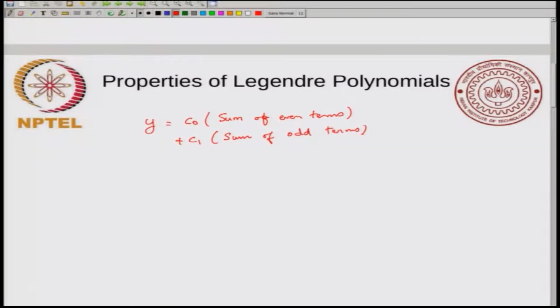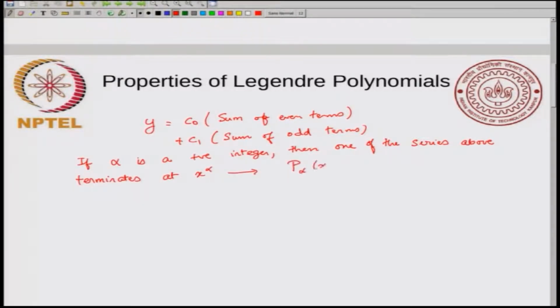This is the general solution of the Legendre differential equation for any value of alpha, and if alpha is a positive integer, then one of the series above terminates at x to the power alpha. So, this series is what we called P alpha of x.